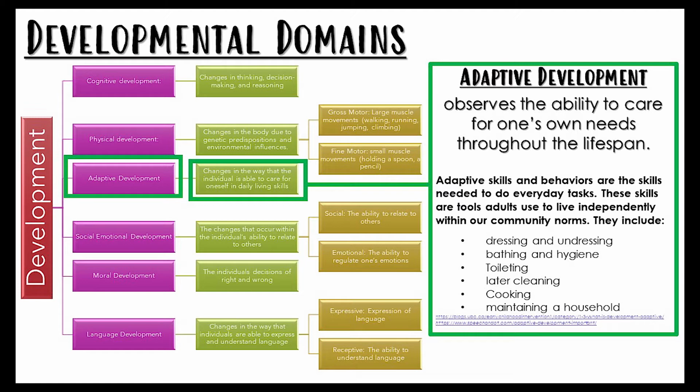So, moving along to the topic of focus today, we're now going to examine adaptive development. Adaptive development refers to the way in which an individual changes over time in their ability to care for themselves in their day-to-day life. This, as you might imagine, takes on many forms throughout the lifespan.